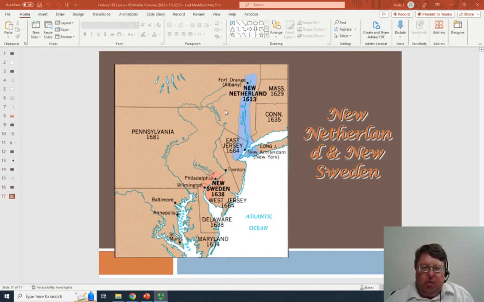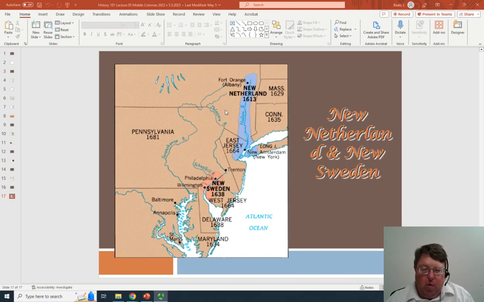The King of England at the time will give a land grant to the Duke of Jersey, just like the Duke of York from New York, his friends in Jersey, and he will rename it East and West Jersey. What's interesting, a lot of students don't know this: there is actually a Swedish colony in colonial America, New Sweden, 1638, in the Philadelphia, modern-day Wilmington, Delaware area. That's usually a new one for students.